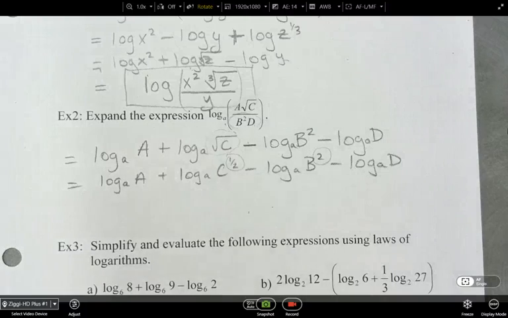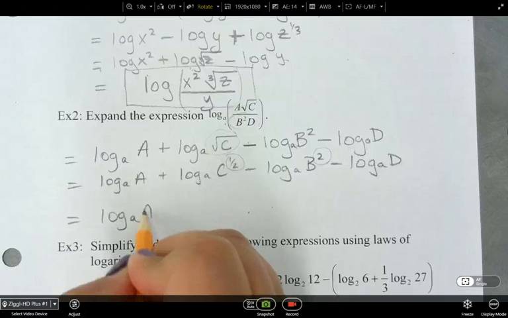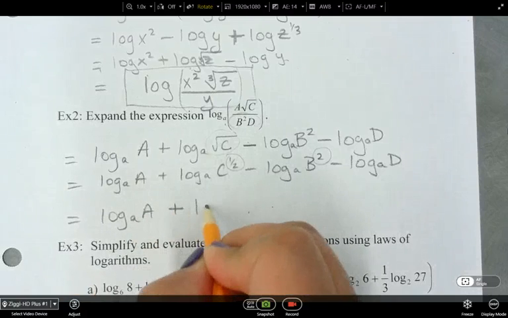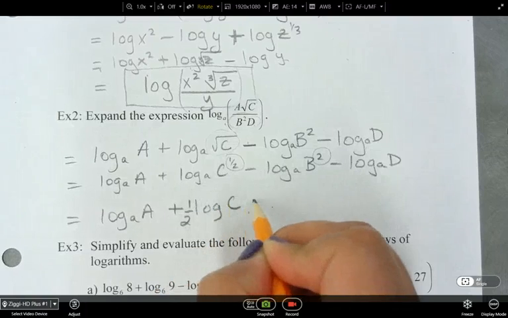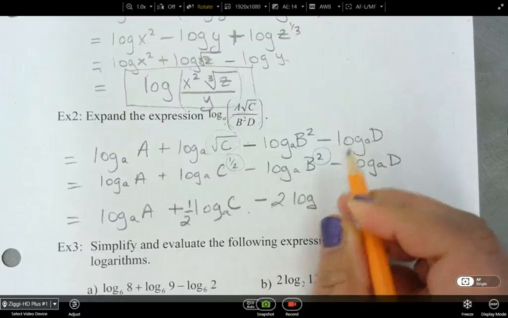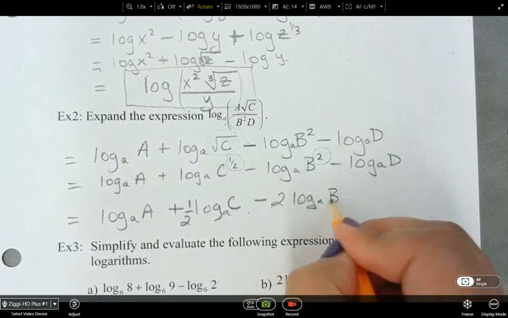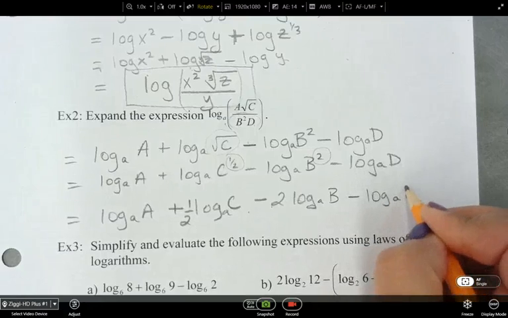I can bring them down in front. So log A plus 1/2 log C minus 2 log, forgetting my bases here, B minus log AD.